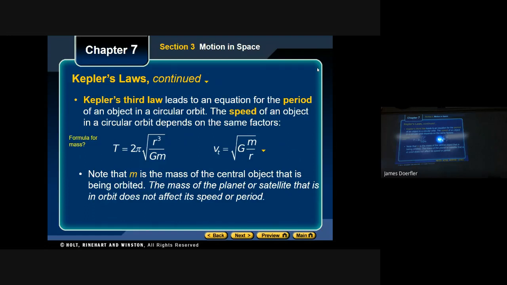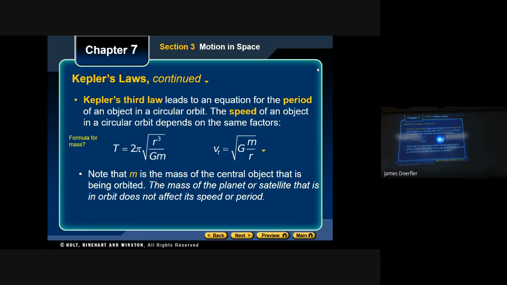So, 3 formulas here: period, speed, all using very similar terms. In fact, if you look at the one for period, take out that square, you're still dealing with a version of the proportionality constant.